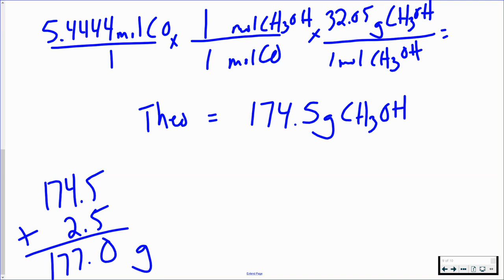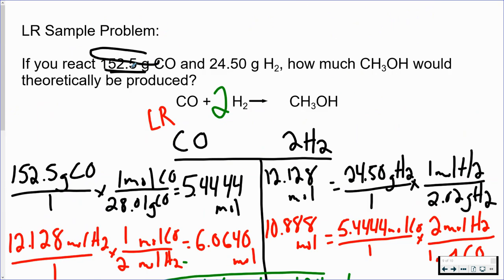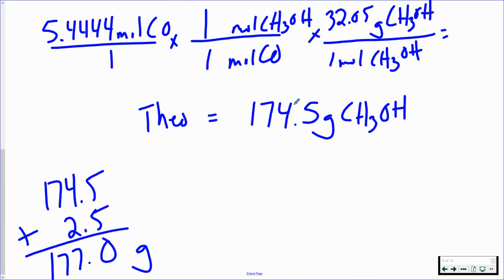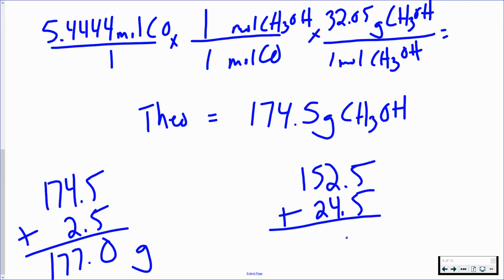That's the mass that we have left or produced. If we come up to the top, we need to take 152.5 plus 24.5, and the 1 comes up here.